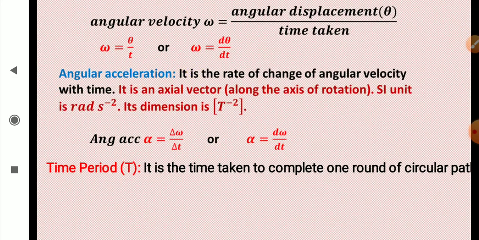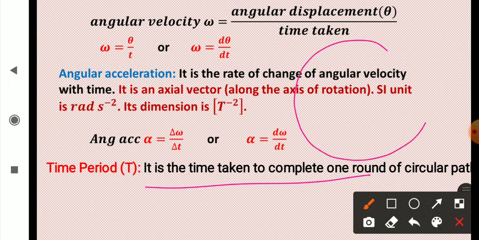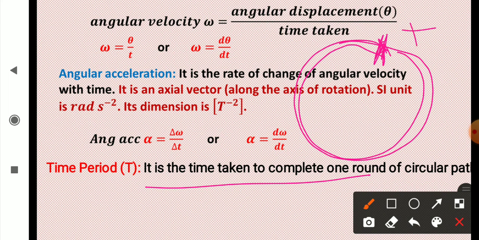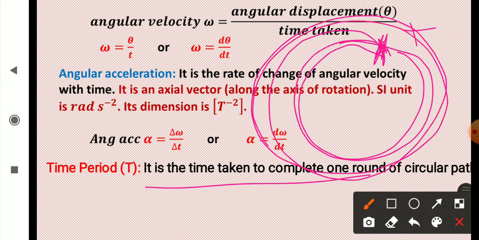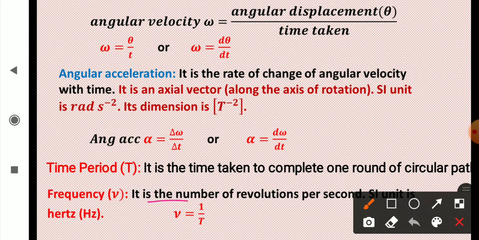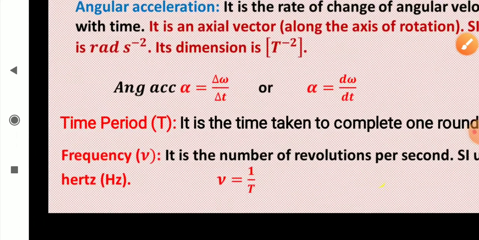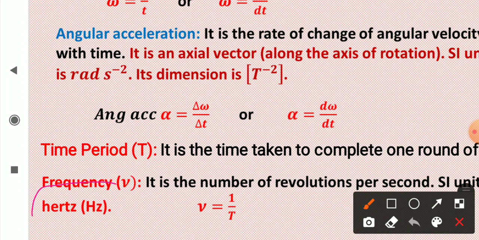Some more definitions. Time period. So time period is what? It is the time taken to complete one rotation. That is time period. Start from one place and take one complete rotation; the time taken is the time period. And in 1 सेकेंड में आप जितने इसके रोटेशंस लगा लें, that becomes its frequency. So frequency is the number of revolutions per second, and its SI unit is hertz.